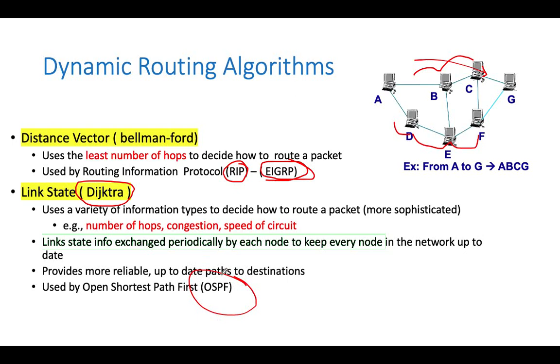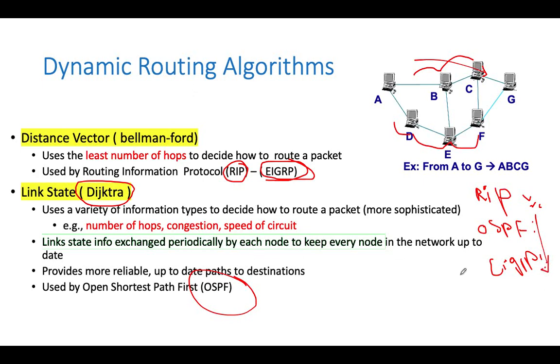RIP was the eldest, then OSPF came after that, then EIGRP. And sure, each one comes with different versions, for example version 1, V2, and the same thing over here.